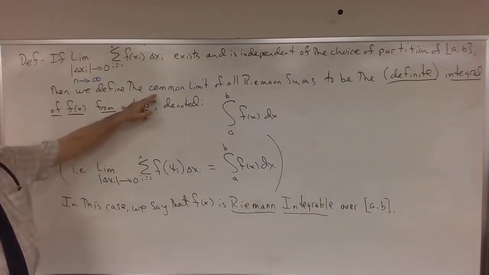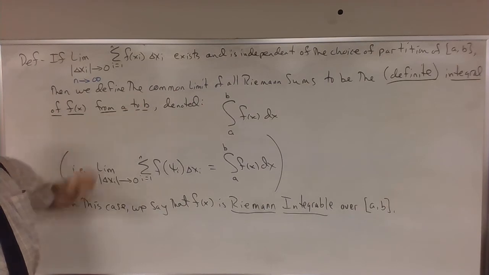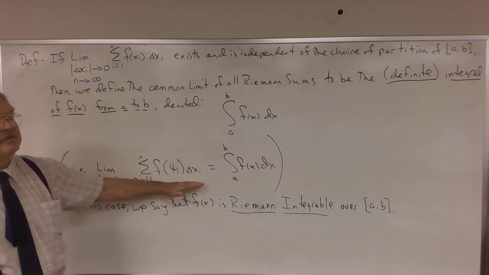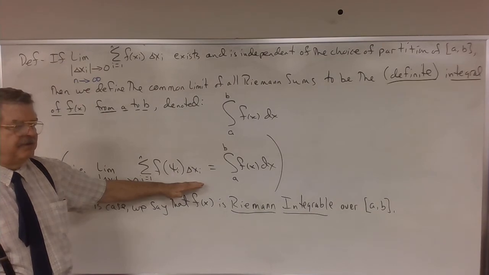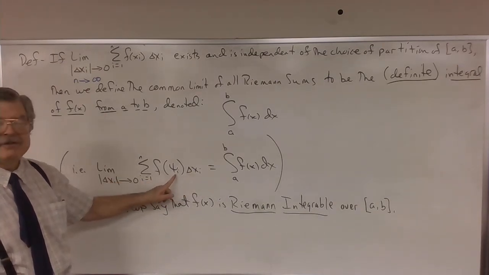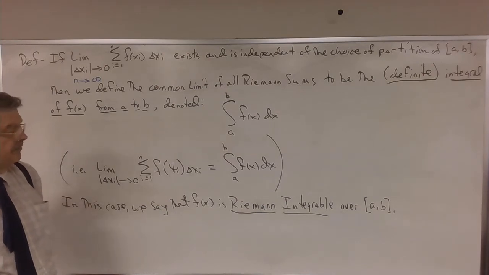Notice here we talk about the common limit of all Riemann sums. Essentially, we're supposed to get the same value regardless of what partition we choose and regardless of our choice of psi sub i for each interval.